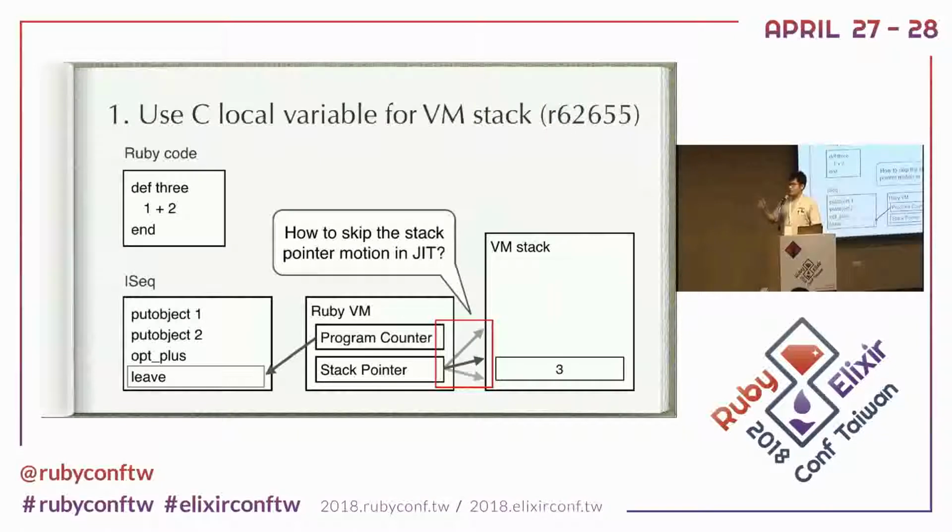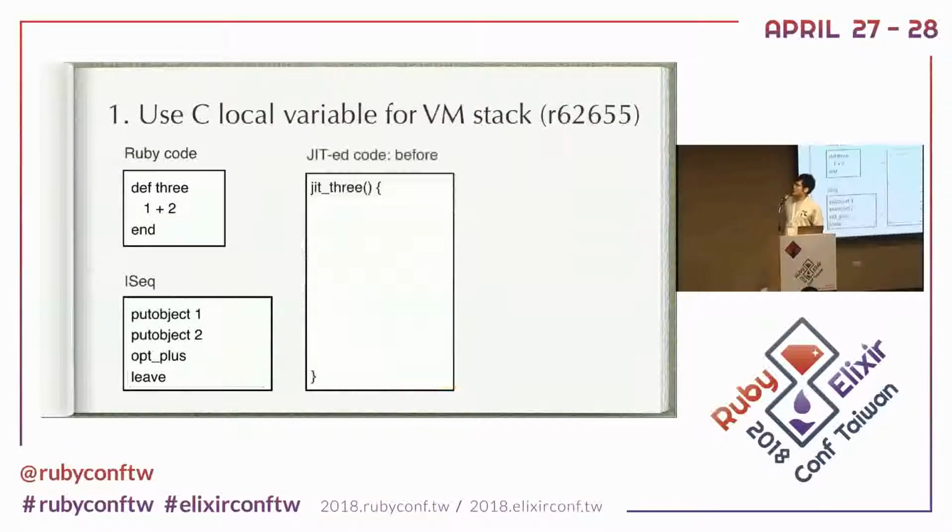But we want to remove the stack pointer motions, because if we continue to move the program counter and the stack pointer, we can't reach the performance of C or other fast languages. So Ruby is slow because we move the program counter and stack pointer every time. So I want to stop this motion.